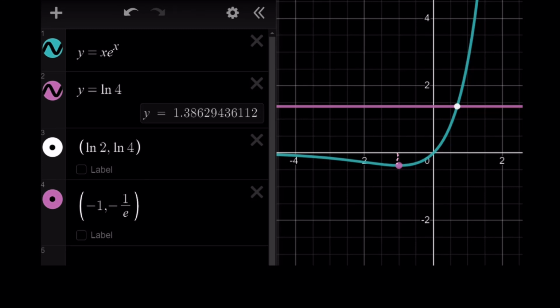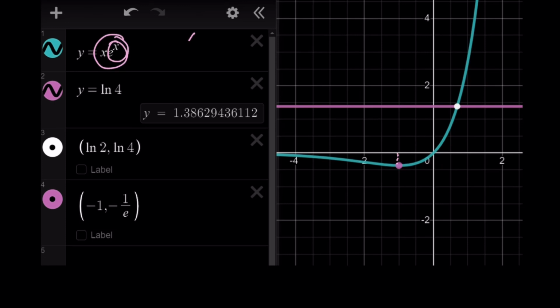Notice that the purple line intersects our graph at a single point, because as x approaches negative infinity, our function is going to approach 0. Why? Because e to the power negative infinity is going to go to 0 faster than x grows, so it's going to bring the product to 0.